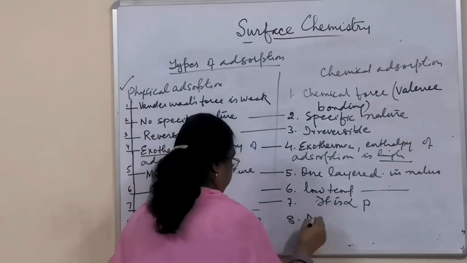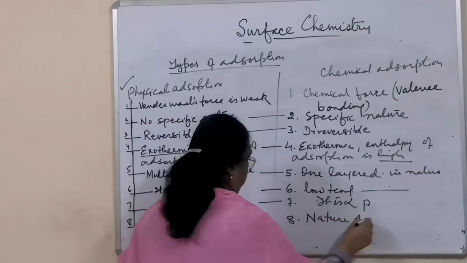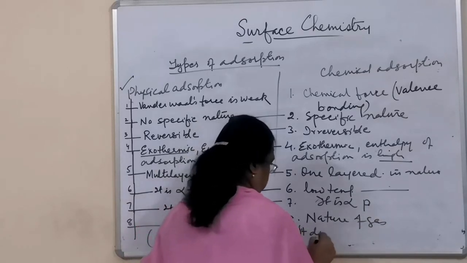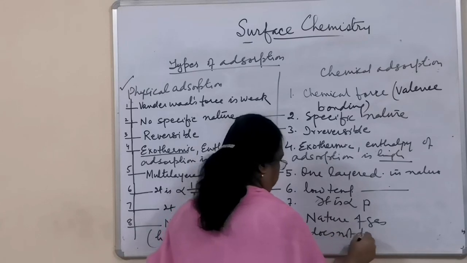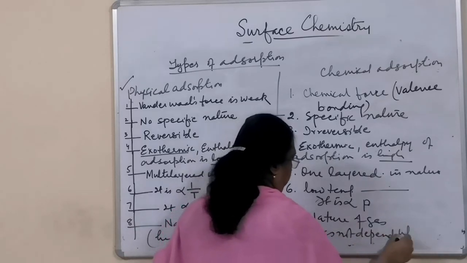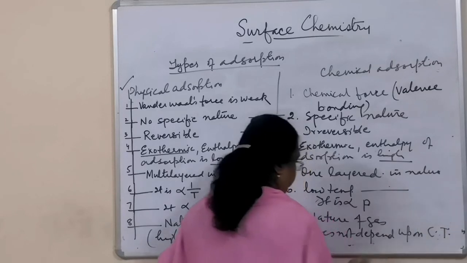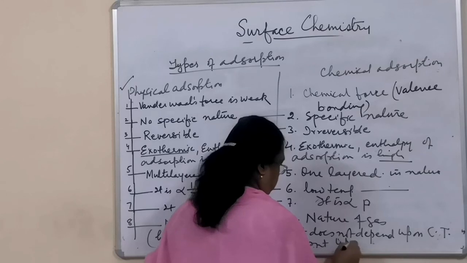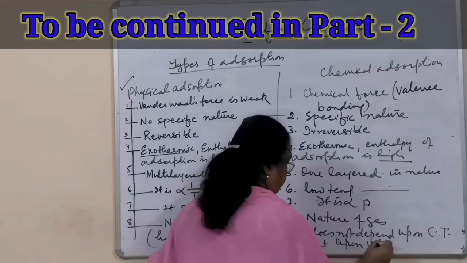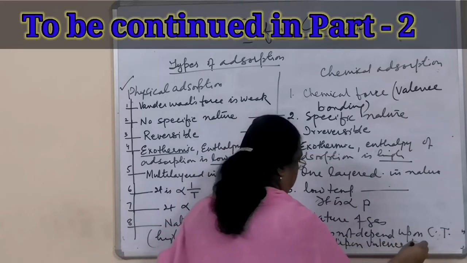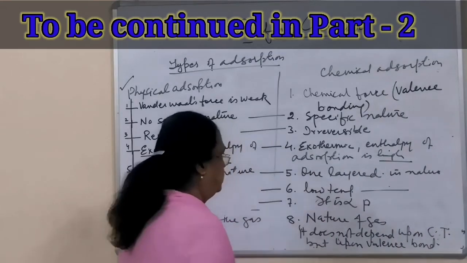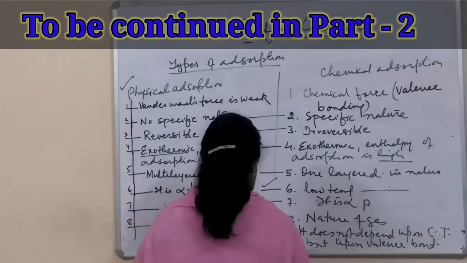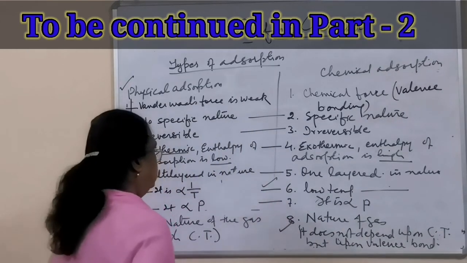Here, nature of the gas does not depend upon critical temperature, but upon valence bond: how the bond is formed, how much energy is required to establish the bond. So remember that. These 2 points are important, the 6th point and the 8th point.